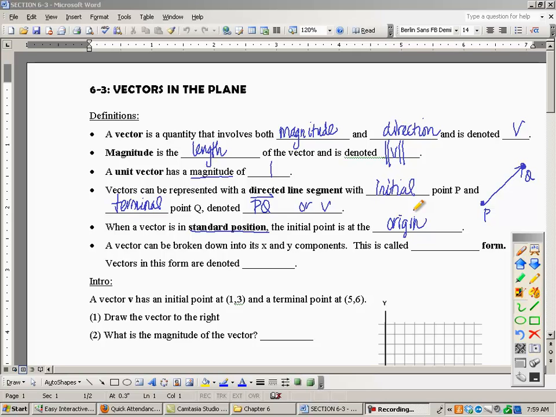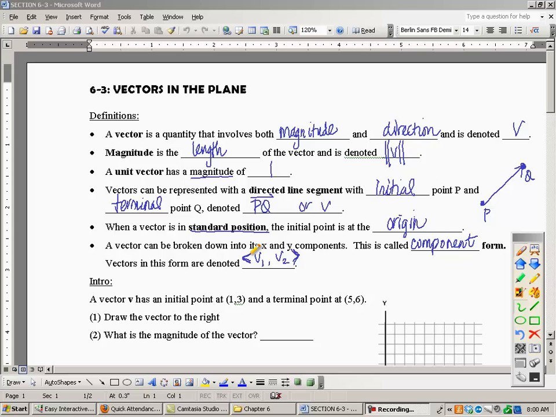That means its movement on the x-axis and its movement in the y direction. We call this component form. As you write component form, we say this is V1, comma V2, and then we use the less than, greater than signs, and that just denotes component form of our vector.